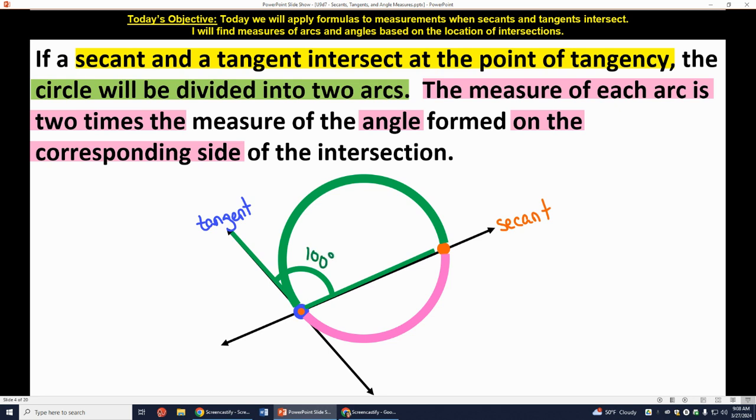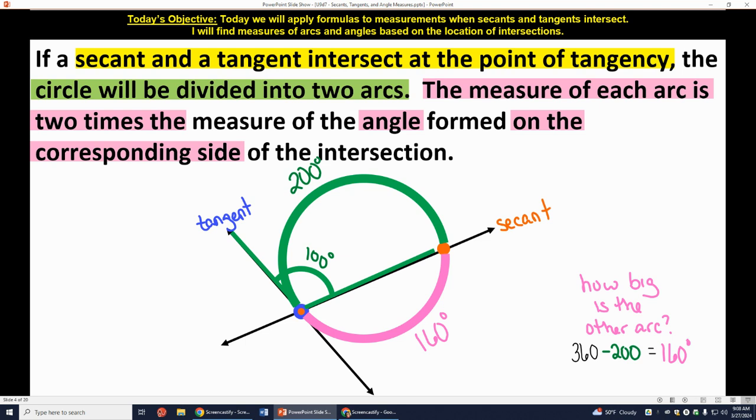So if this angle is 100 degrees when I measure it, then the arc will measure 200 degrees. From there, we can figure out the other angle and the other arc. I know there's 360 degrees in the whole circle. So to find the other arc, I can take 360 and subtract the 200 from the green arc to get that the pink arc is 160 degrees.